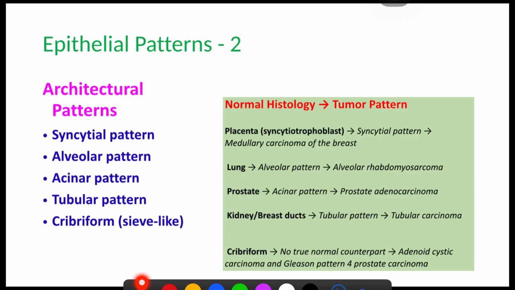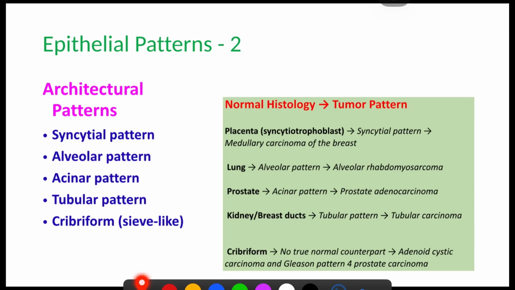Normally, these patterns are seen in the normal structures of our body. The first pattern is syncytial pattern. It is normally seen in placental tissue, where syncytial trophoblasts are arranged in a syncytial pattern, and if we see a similar pattern in a malignant tumor, it is medullary carcinoma of the breast and many other tumors.